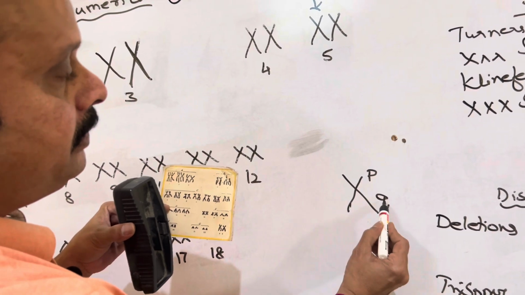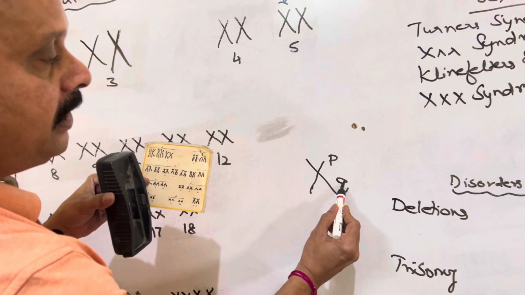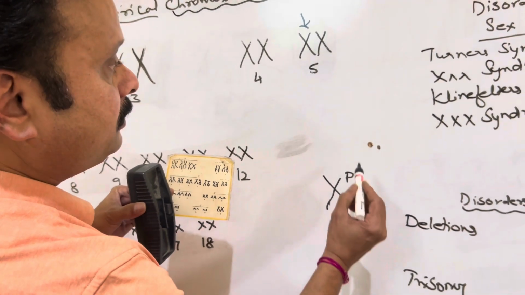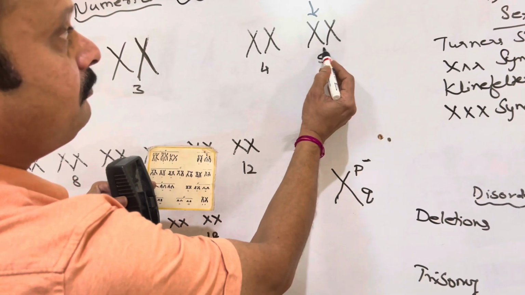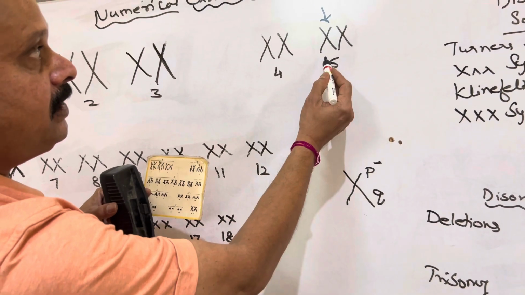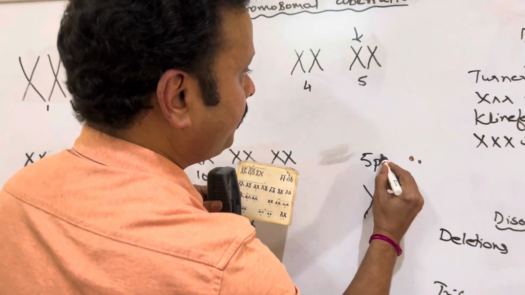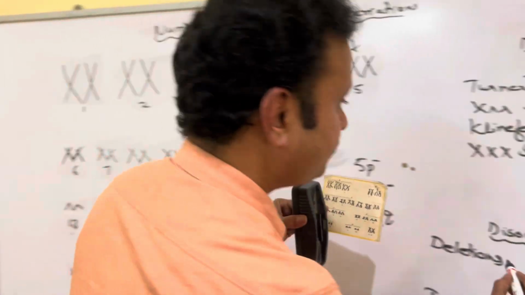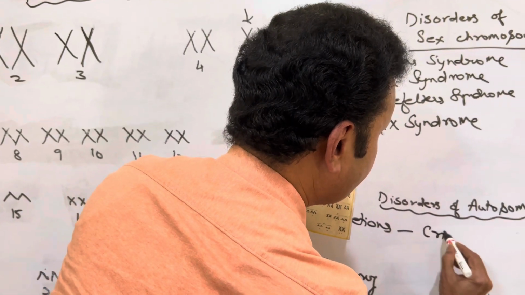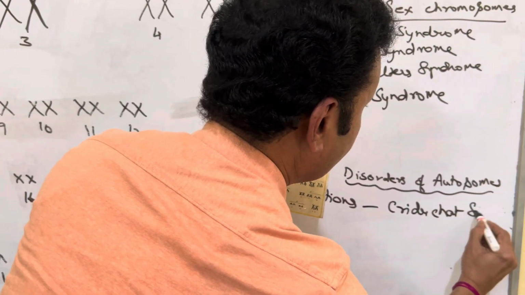P for petit arm or short arm, Q arm or grand arm or long arm. So deletion means minus. At which chromosomal level is deletion happening? At the 5th chromosomal level. That means 5p minus is Cri-du-chat syndrome.